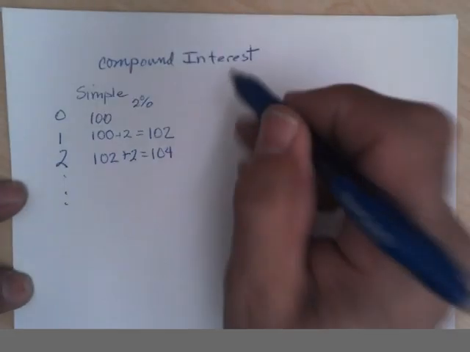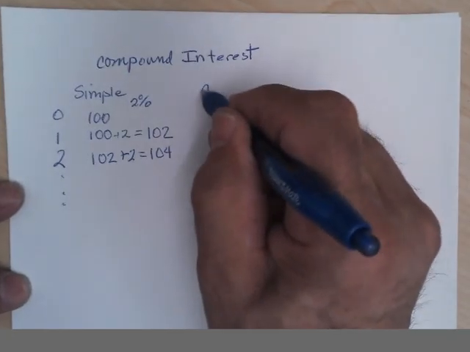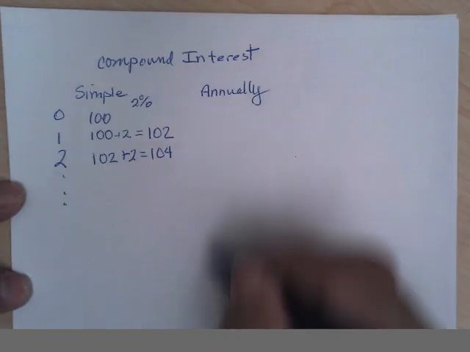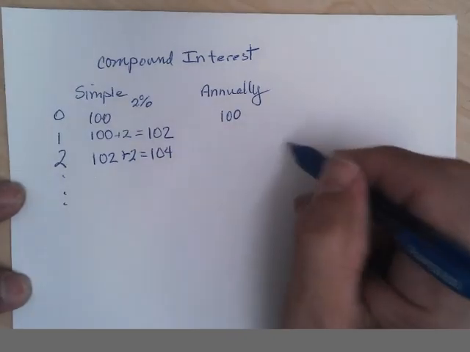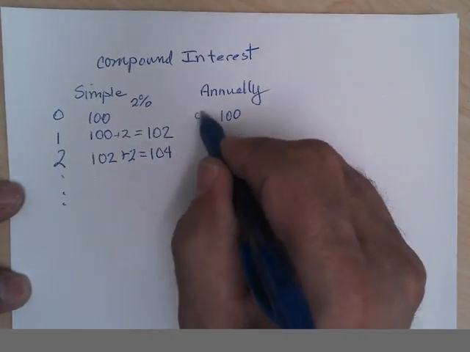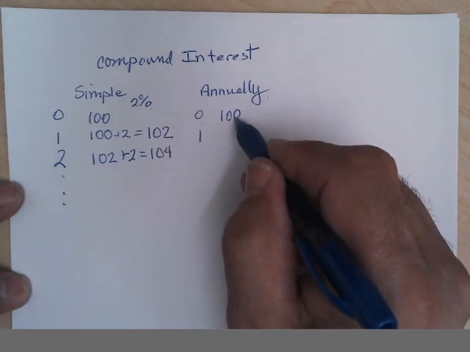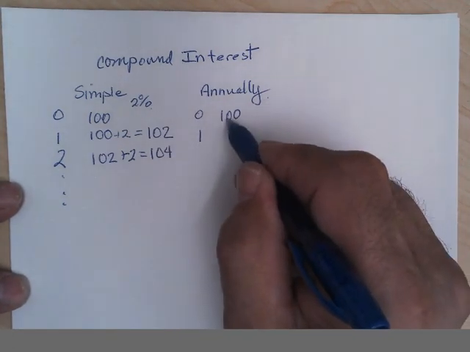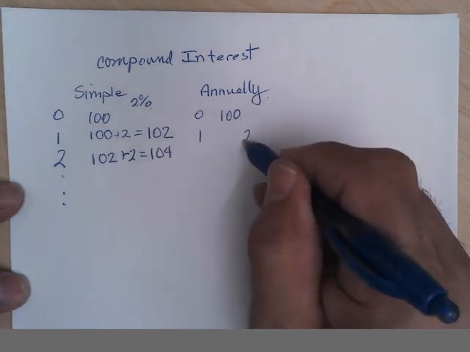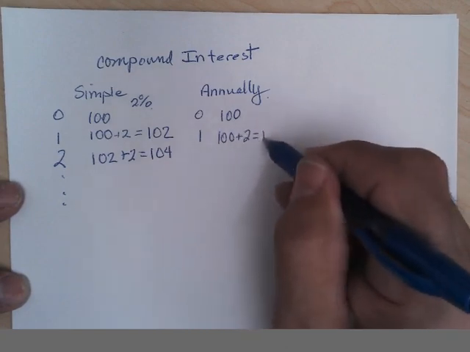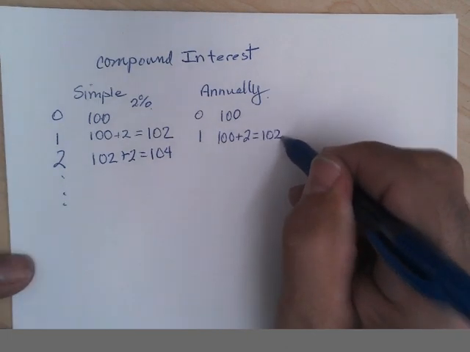Now, compound interest, if I do it annually, I take my $100, and after 1 year, I take 2%, if it's 2% annually, 2% times this, and I get $2, and I add it to my 100 that I already have, and I have $102.